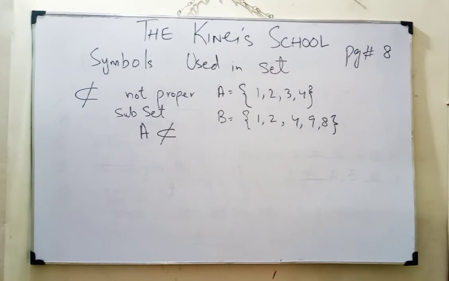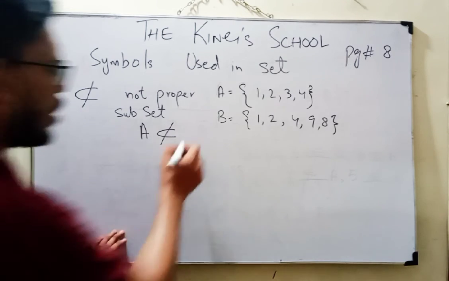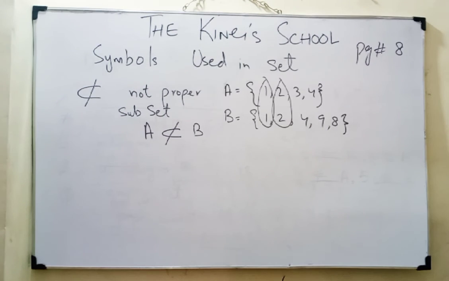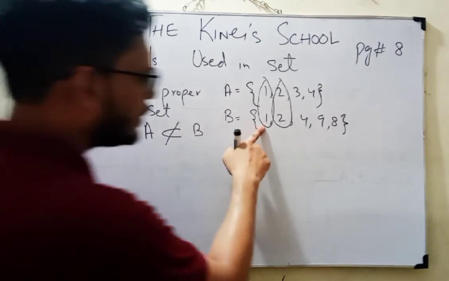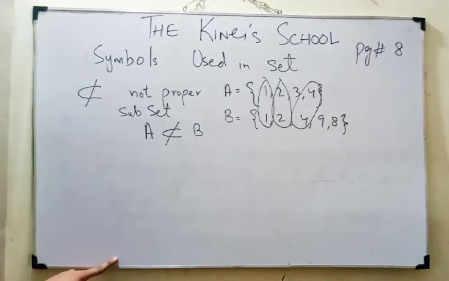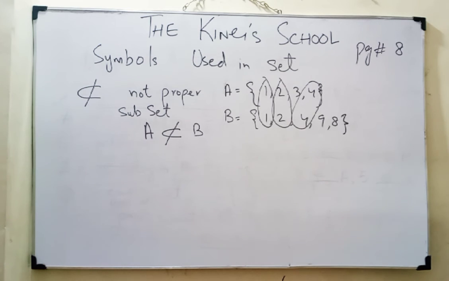A is not a proper subset of B because all the elements are not common. The common elements are 1, 2 and 4, but not 3. That's why it is not a proper subset of B.